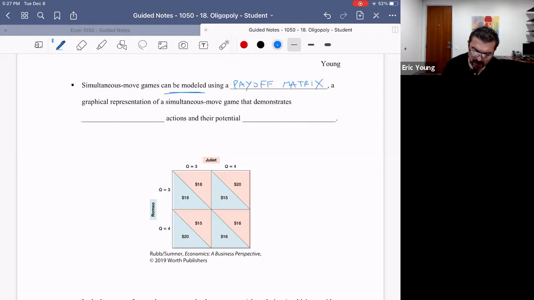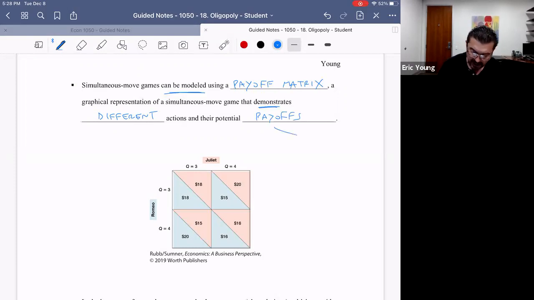A payoff matrix refers to a graphical representation of a simultaneous move game. And critically, a payoff matrix demonstrates the different actions that firms can take and their different potential payoffs.